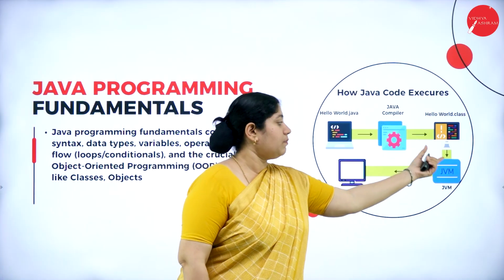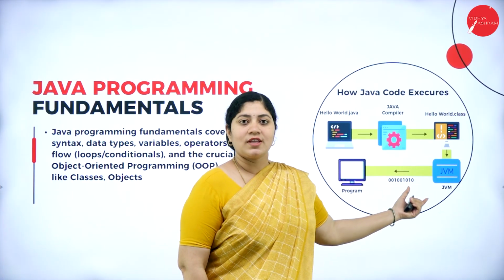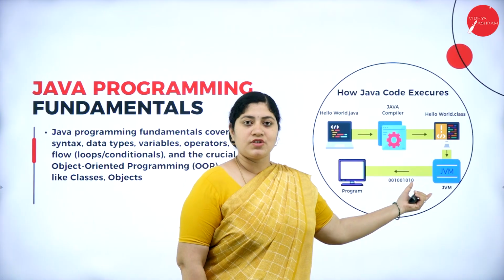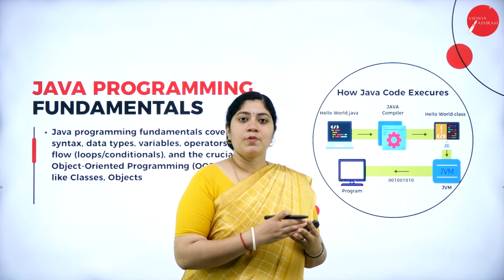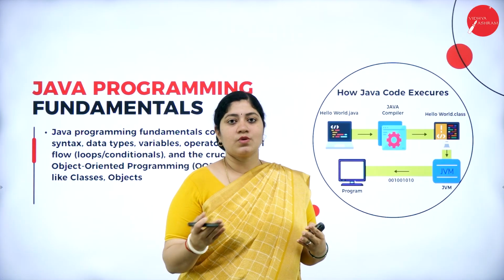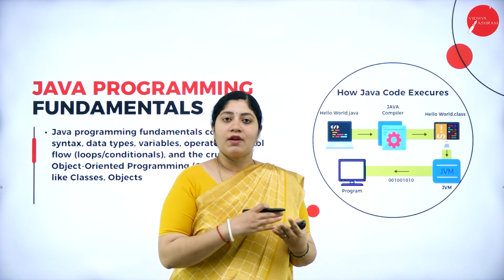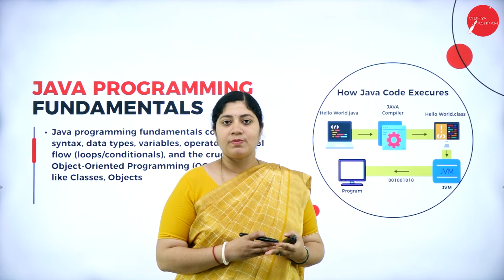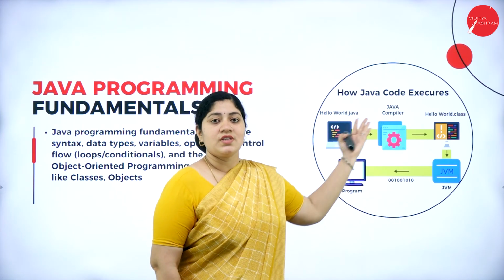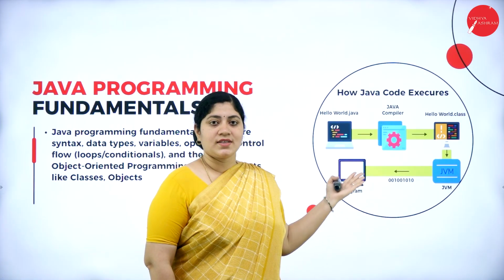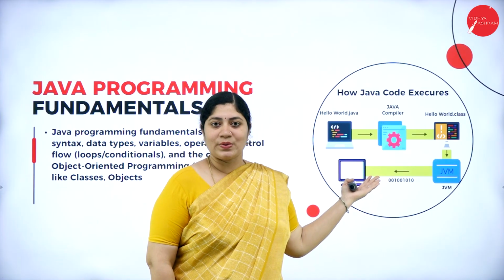From the class, the output is sent to the JVM, that is the Java Virtual Machine. In the Java Virtual Machine, the complete program is converted into bytecode, and finally that bytecode is forwarded to the program. So this is the complete life cycle of the Java code.